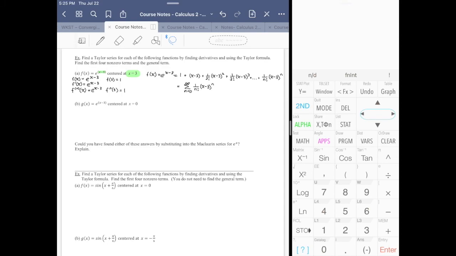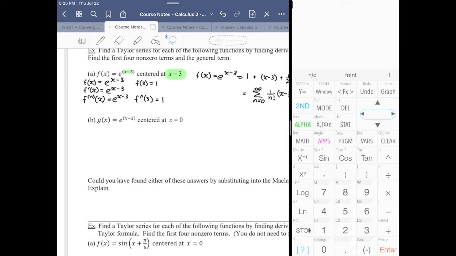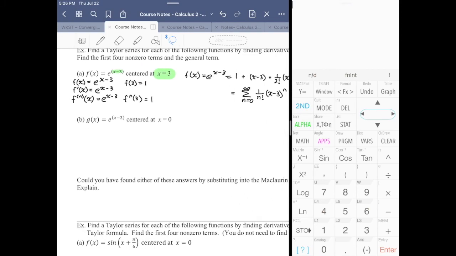But when it's centered around 0, it changes things a little bit, but really only a little bit, because if you think about it, I'll carry you through the derivative process. It's only going to be impactful in the sense that your f of whatever is going to be different.